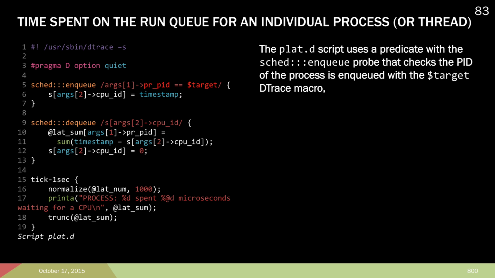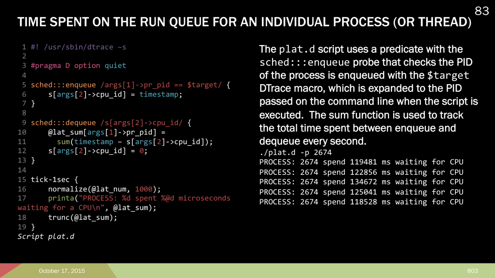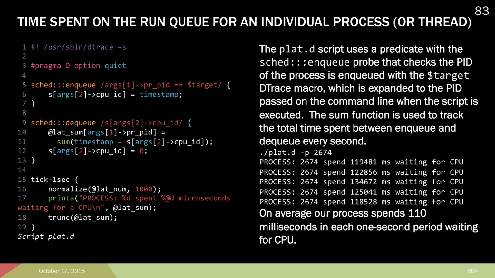That checks the PID of the processes enqueued against the $target DTrace macro, which is expanded to the PID passed on the command line when the script is executed. The sum function is used to track the total time spent between enqueue and dequeue every second. On average, our process is spending 110 milliseconds in each 1 second period waiting for CPU.